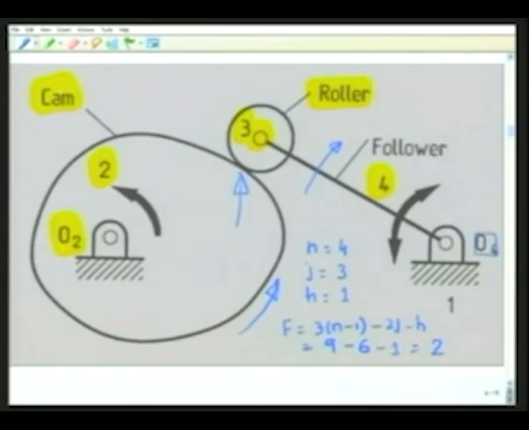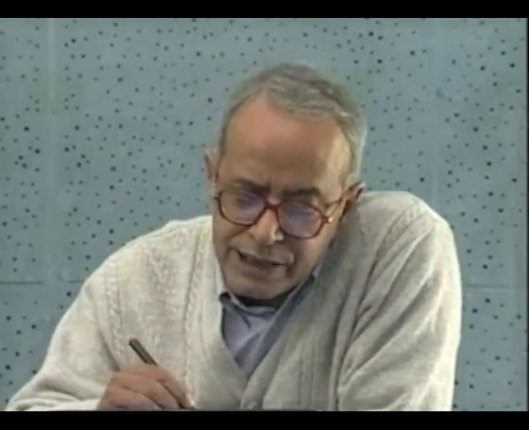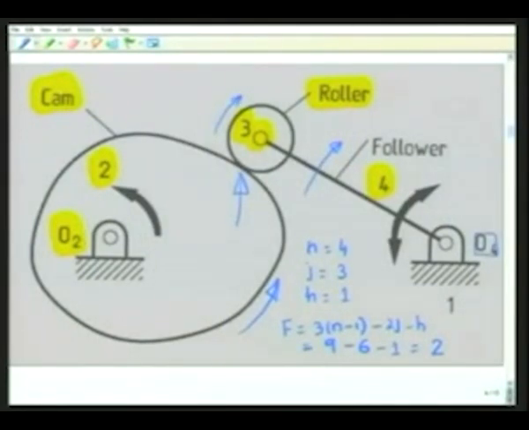So the degree of freedom according to the formula is turning out to be 2, because there is a redundant degree of freedom, and that is that this roller 3 can be rotated about this revolute pair without transferring any motion either to link 2 or link 4. So that is a redundant degree of freedom. If we call it Fr, the redundant degree of freedom, Fr is 1.